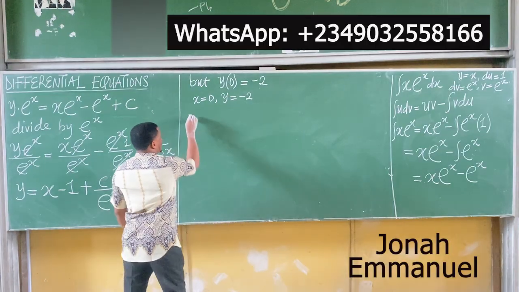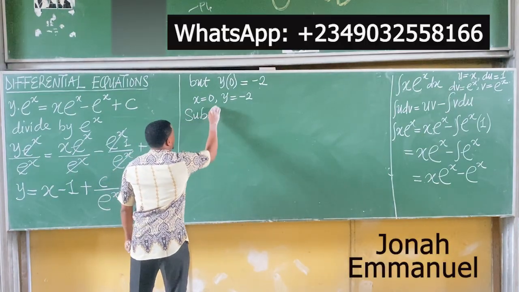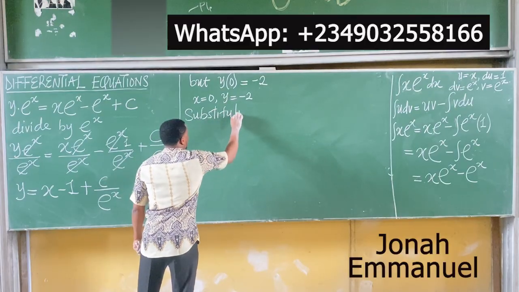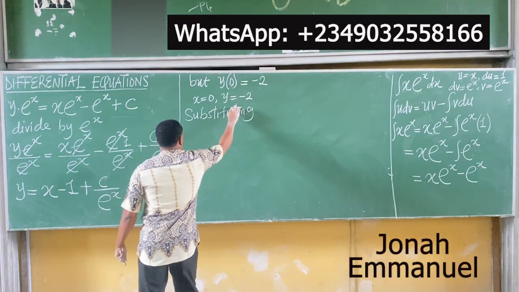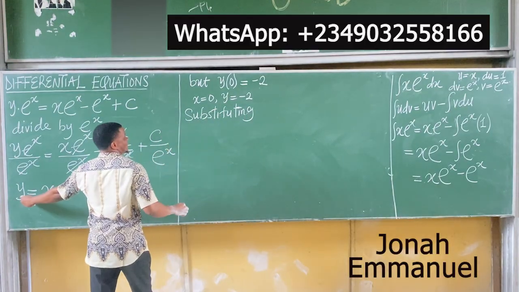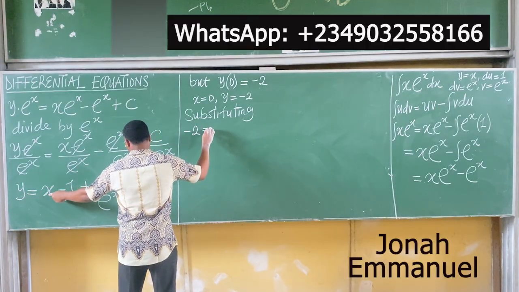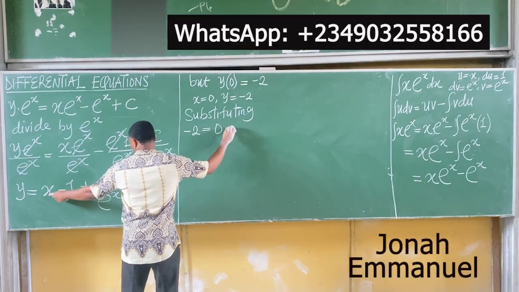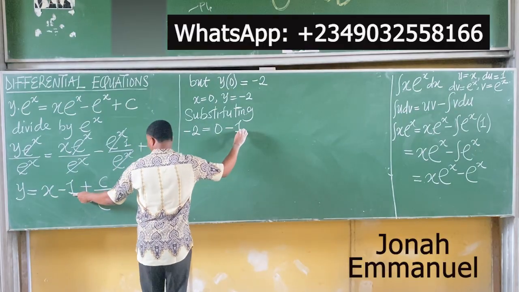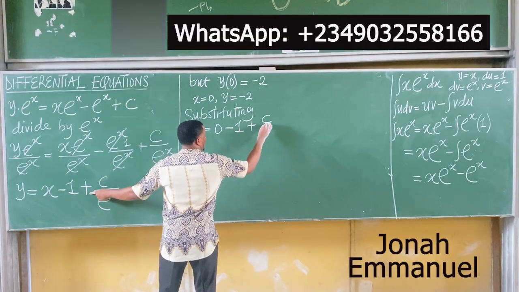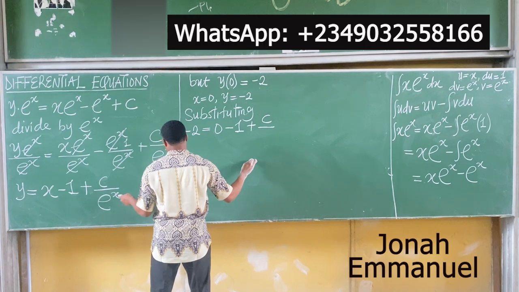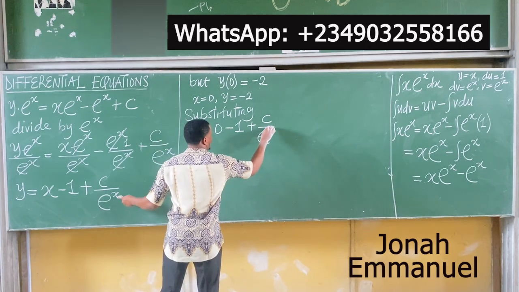So let's substitute. What do I have there? This y is equal to minus 2. So minus 2 is equal to x, x is 0, minus 1 plus c all over exponential 0. Work on this.